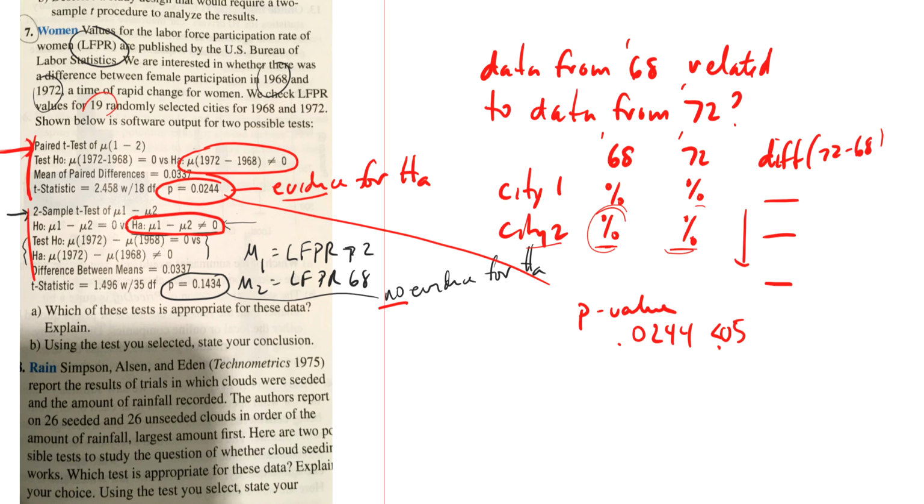So do I have evidence for HA? The answer is yes. In this case, I have evidence that the average difference between the percents of the cities in the 2 years is different. I'll let that one go on this.